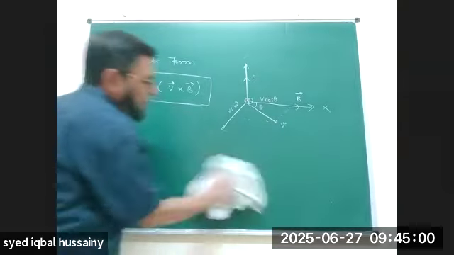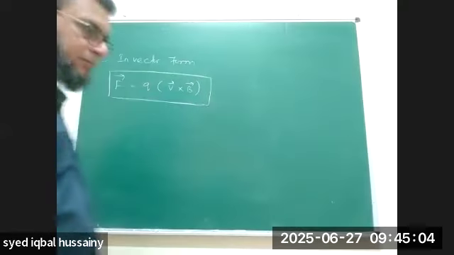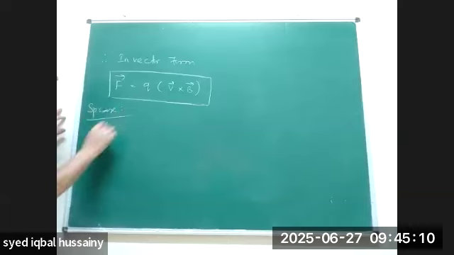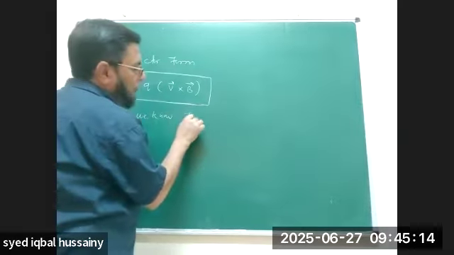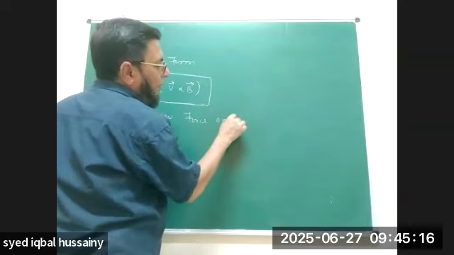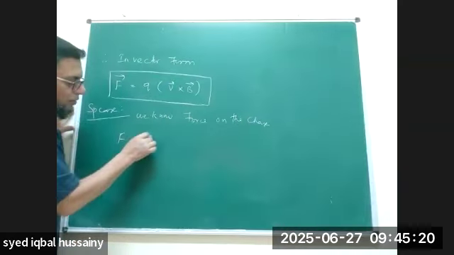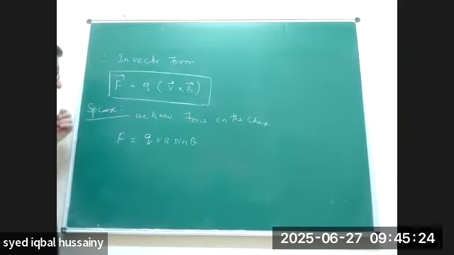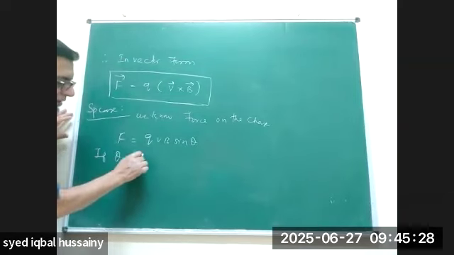Now, special cases. Three special cases are there. You tell me by using your maths knowledge. We know the force on the charge is equal to q v cross B. First one we take: if theta equals 0 degree.